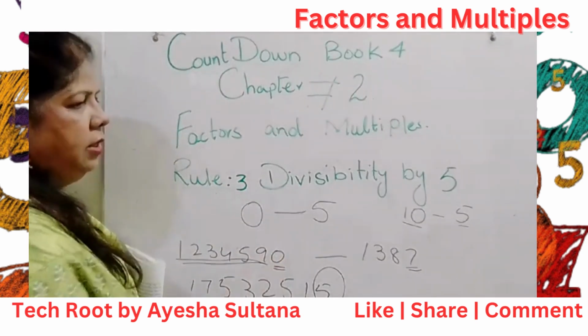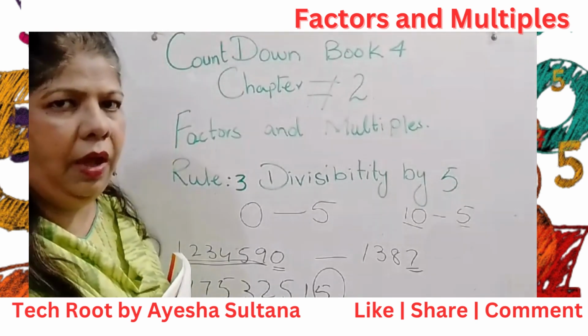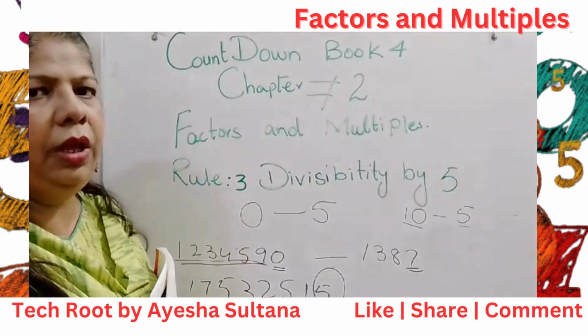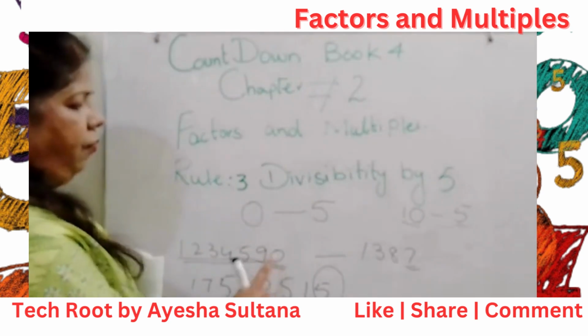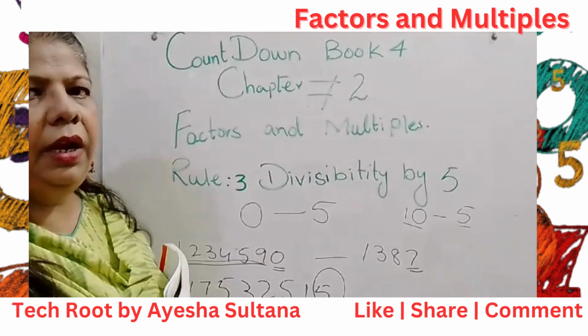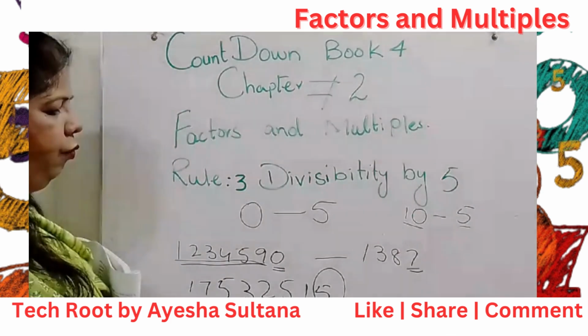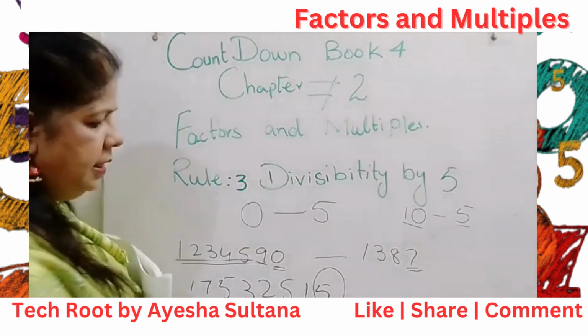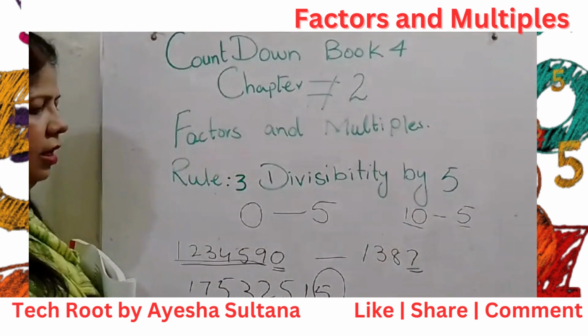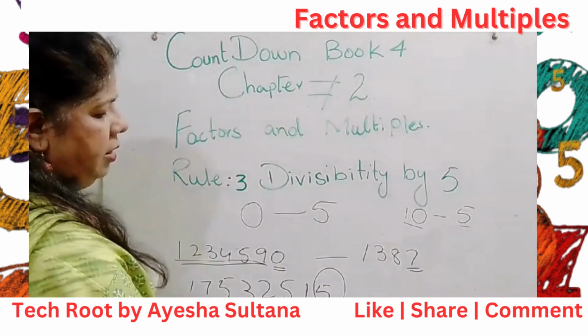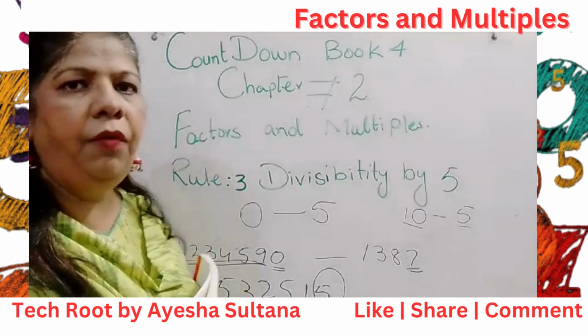If we have 0 at the end of the number, it means we can divide it easily by 5. The second one: 175, 325, 15. For such big numbers, the only thing we have to see is whether we get 5 at the end.